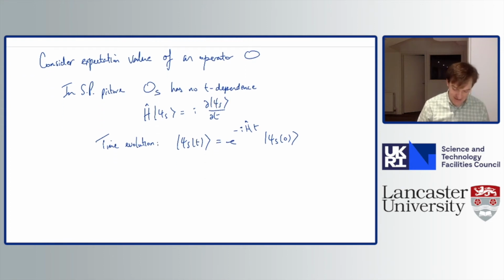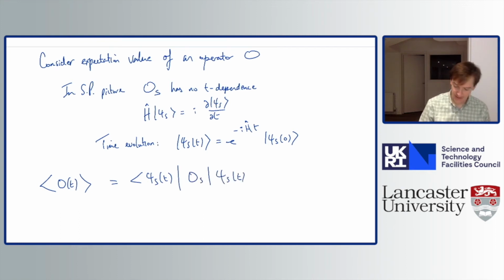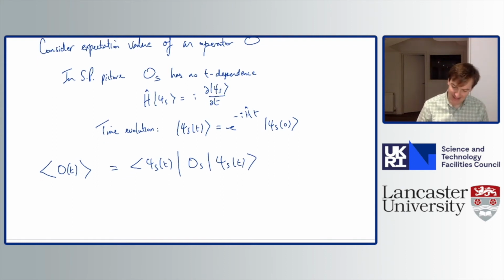So what then is the expectation value? Let's work out what the expectation value is, and in general, it's going to depend on time. In the Schrödinger picture, it's just going to be my Schrödinger state with the operator sandwiched in between, these bras and kets. But I can turn this into an expression that has states that do not evolve with time. So here's an example of a state which doesn't evolve with time. This state is simply fixed to the value it has at some reference time 0.